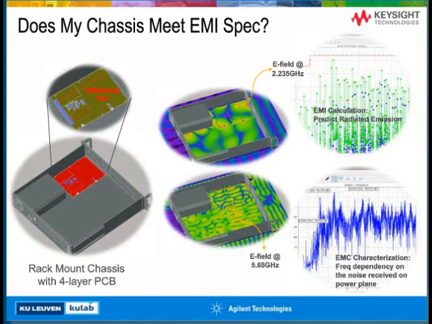We can start with the emission test by putting the differential signal on this differential pair, and then we can calculate the EMI emission level. Like what you are seeing on the right, the plot on this slide shows the EMI calculation results.